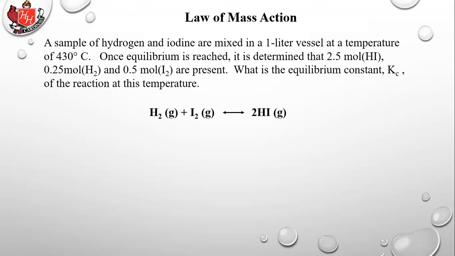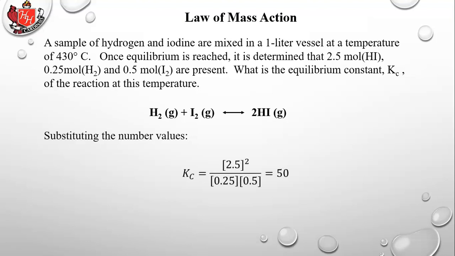So there's the reaction. Substituting the number values, that is the law of mass action for that reaction. Convince yourself of that. The 2.5 moles of HI is on the top. That's the product, on the right side of the reaction. And since it has a coefficient of 2, you put that in the exponent.